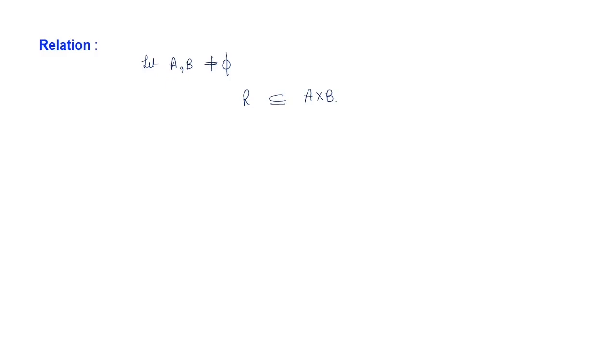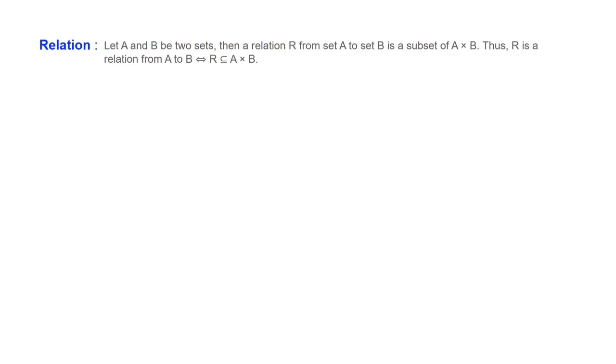So any subset of A cross B is known as a relation from set A to set B. We can see this in the definition, where R is a subset of A cross B. Now, if I have the ordered pair (a, b) belonging to the relation R, then we can write it as a R b, which is pronounced as a is related to b.